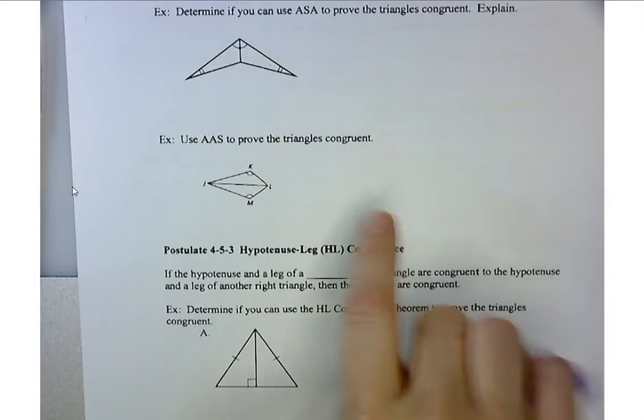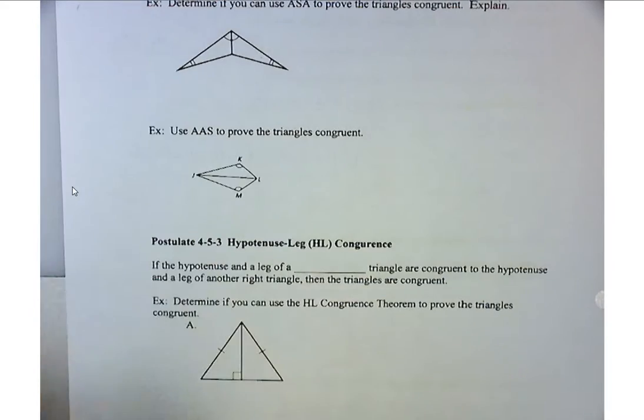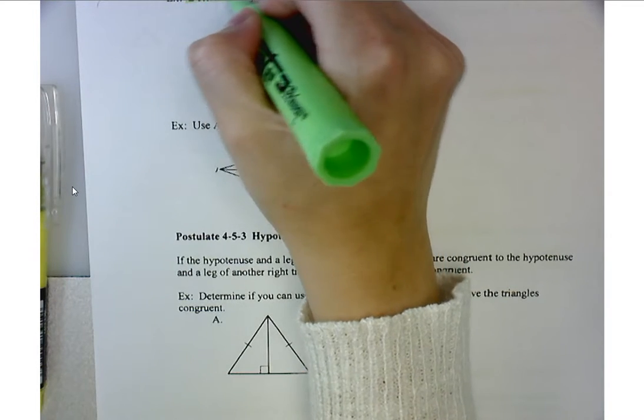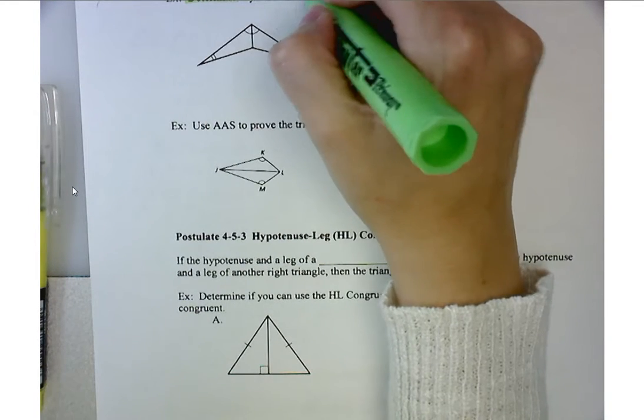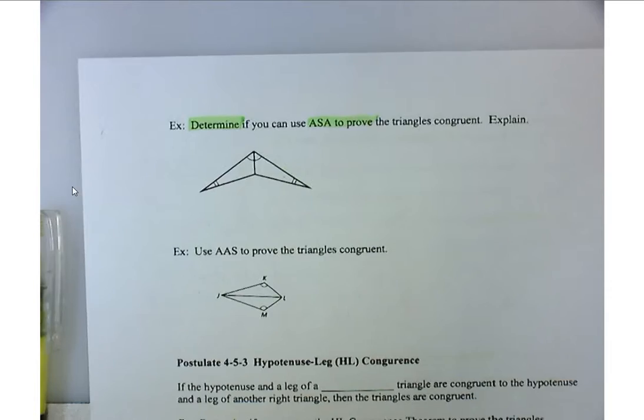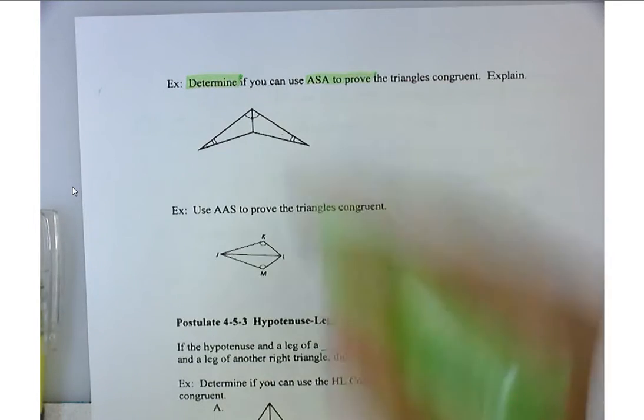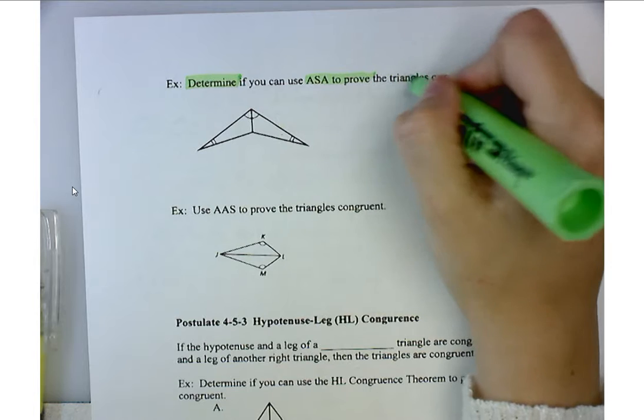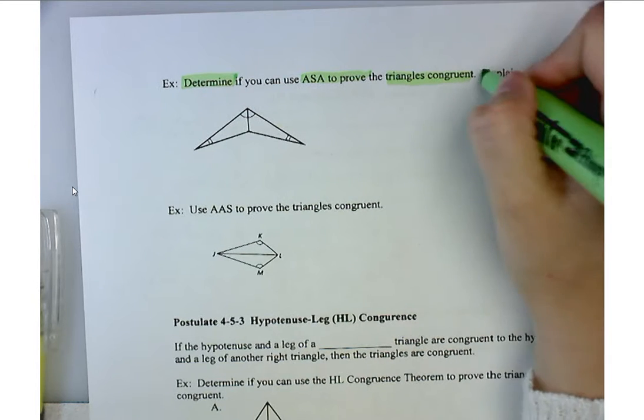So this is: determine if you can use ASA to prove the triangles are congruent, and then you have to explain. Okay, so determine if you can use your ASA to prove that the triangles are congruent. Explain.